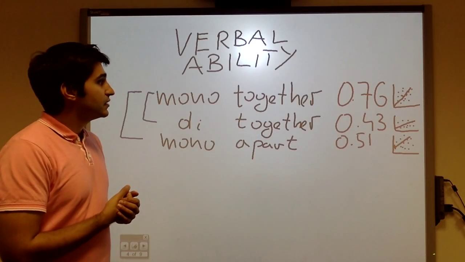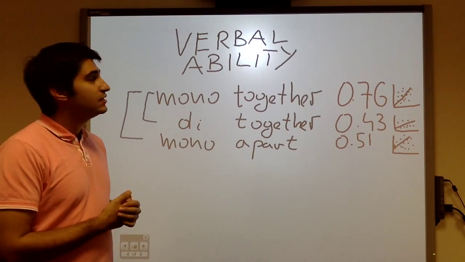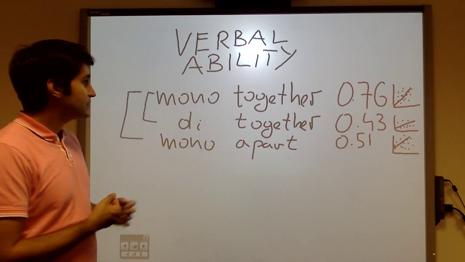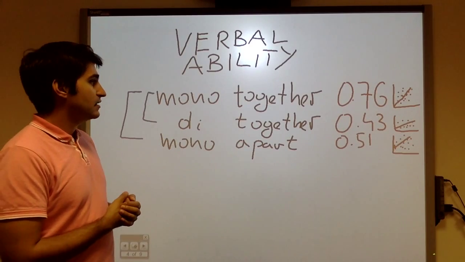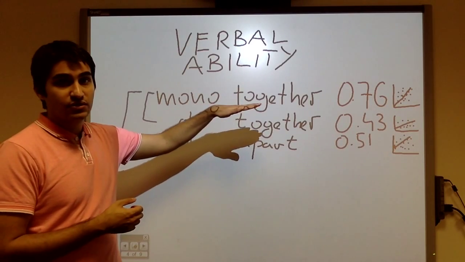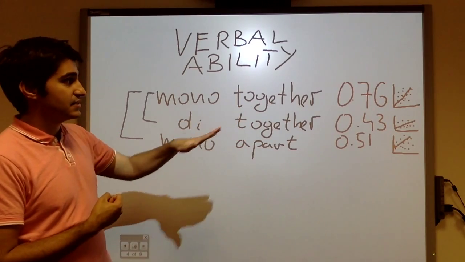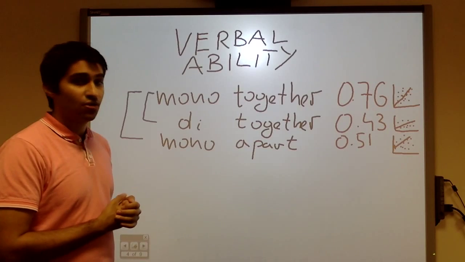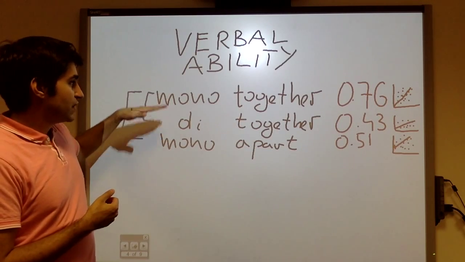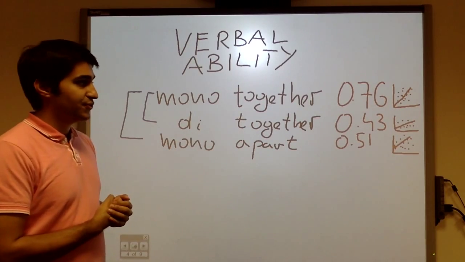To back up my presentation, I have included some actual data of the twin studies looking at variable ability, and scientists have been looking at the correlation of variable ability within the monozygotic twins that are reared together, and in this case, the correlation coefficient is quite strong, it's 0.76, and these were compared to dizygotic twins that are reared together, and the correlation was 0.43.